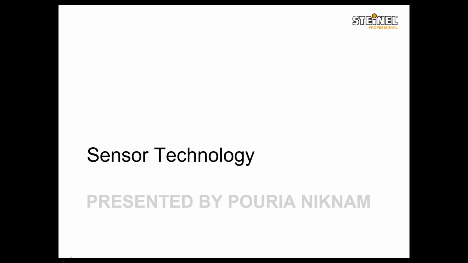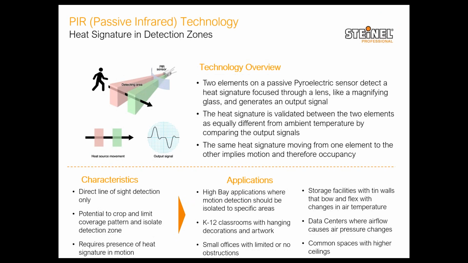So I will start with the most commonly known and most commonly used technology for occupancy detection, passive infrared. Passive infrared technology uses the movement of a heat source for detection.